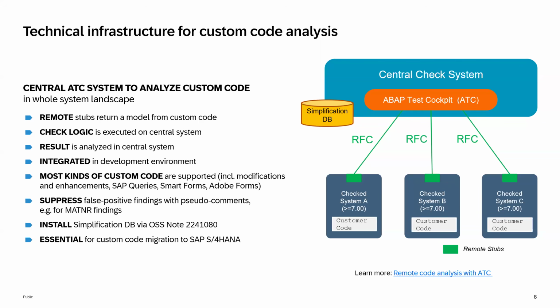And this infrastructure can make use of the simplification database, which can be uploaded there, and based on this information, can check your code also for S/4HANA readiness. So this infrastructure is essential for the analysis of your code for S/4HANA readiness.